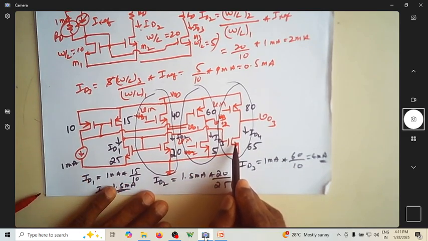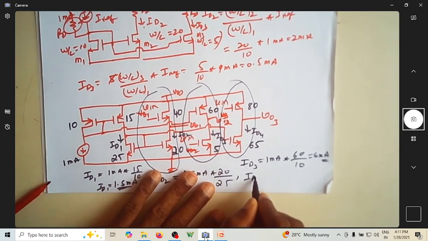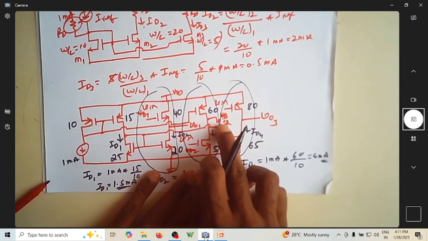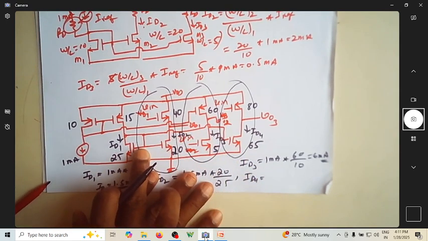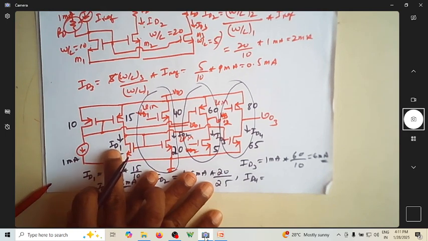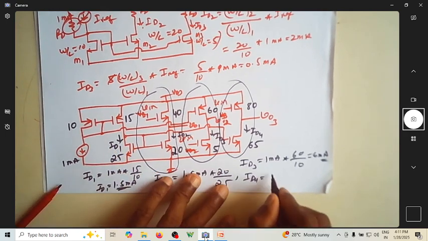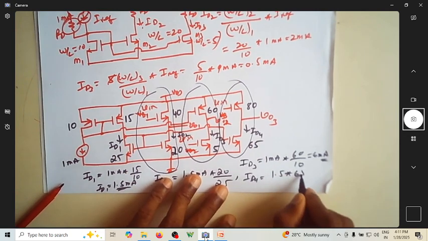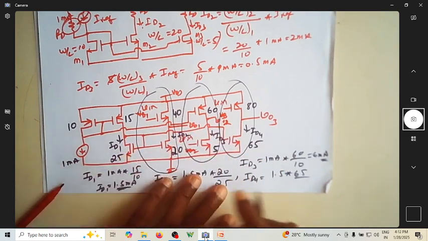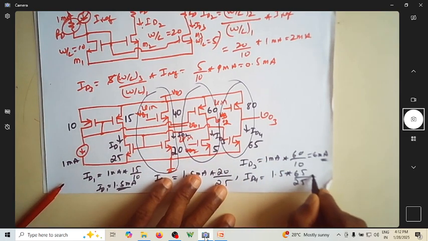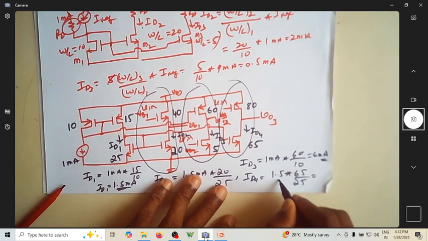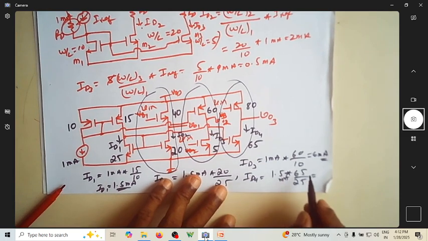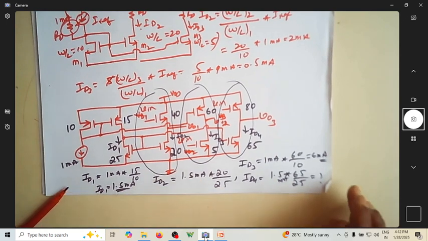Then ID4: the reference for this is ID1, which is 1.5 milliampere. So it is 1.5 into 65 divided by 25, which is the current.